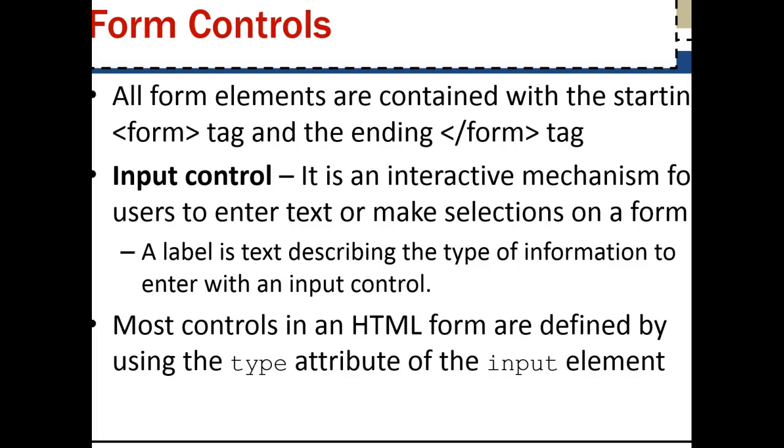The input control is also an interactive mechanism in which the user can enter text or make a selection on a form. A label is text describing the type of information to enter with an input control. Most of the controls in an HTML form are defined by using the type attribute of the input element.